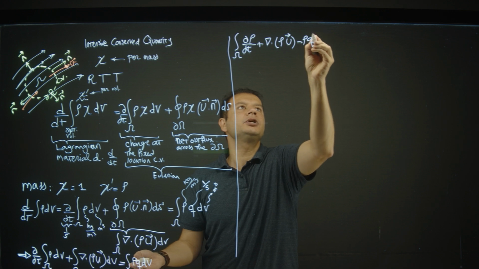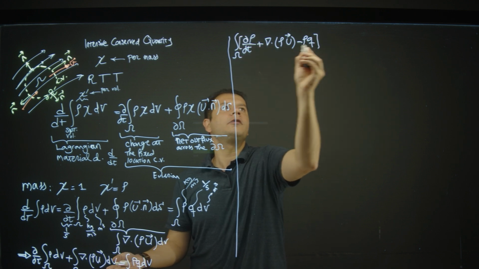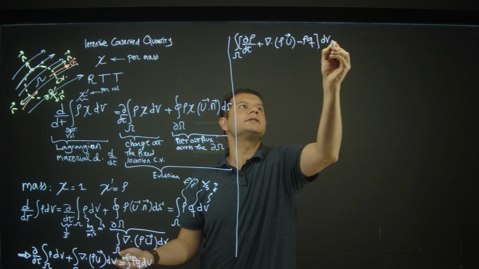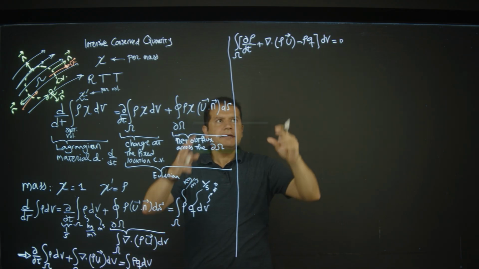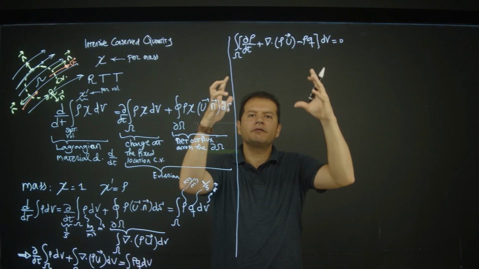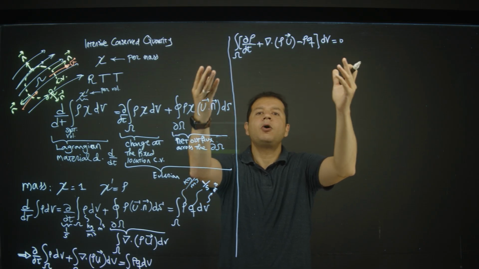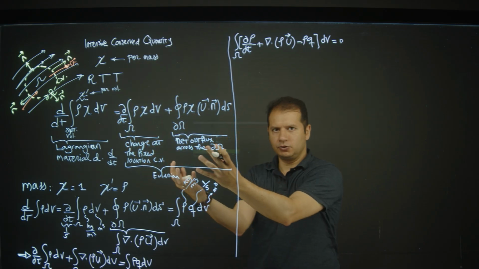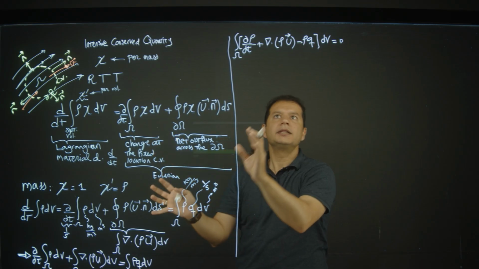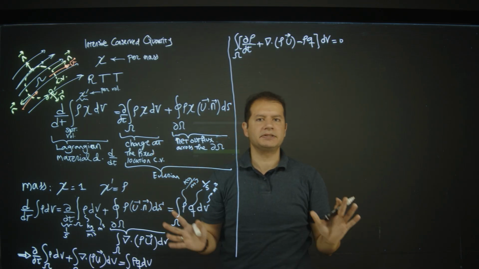If the integral of something over the volume is 0, and it holds for any omega you take, the term inside must be 0.